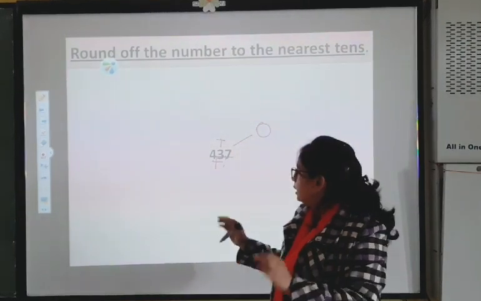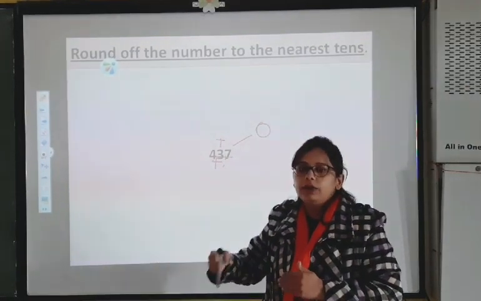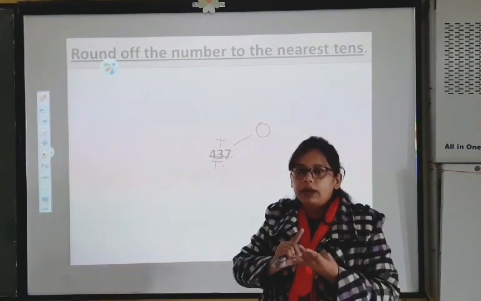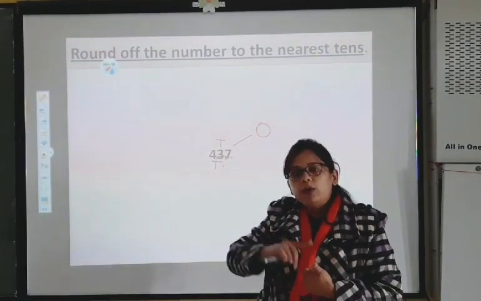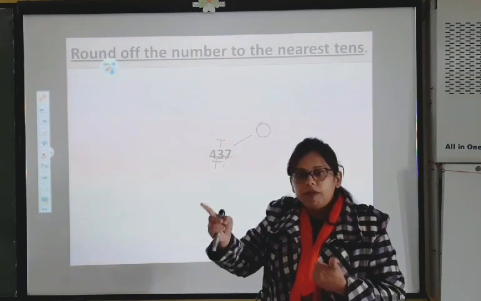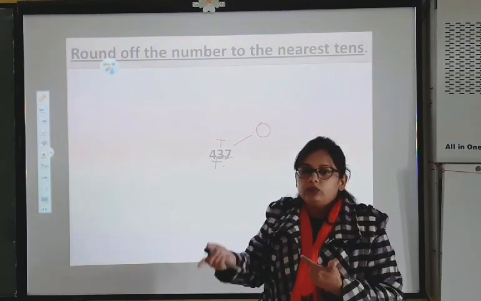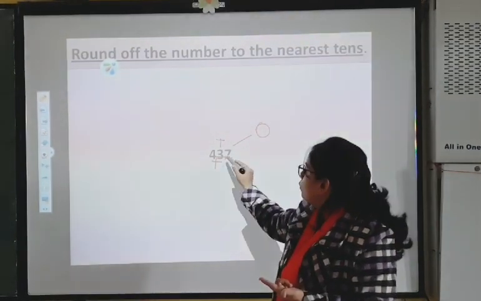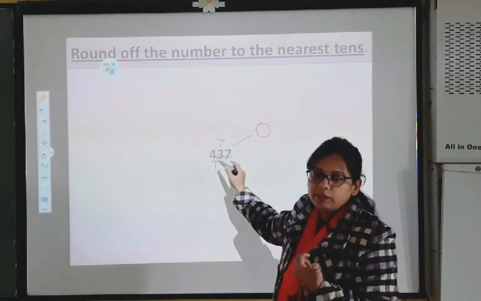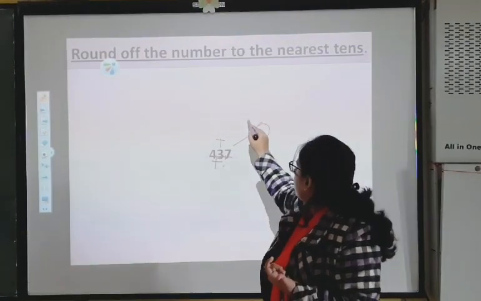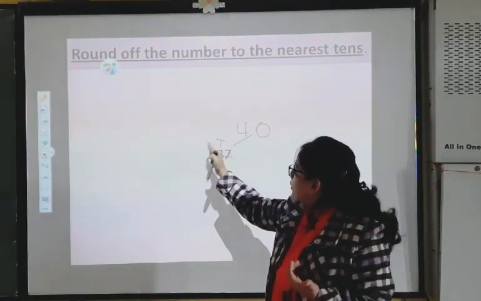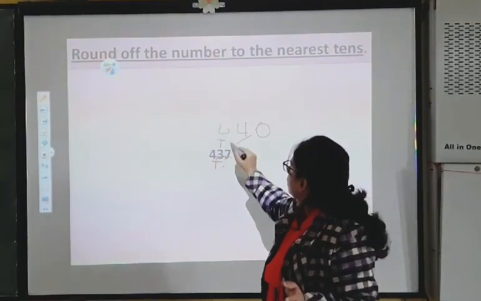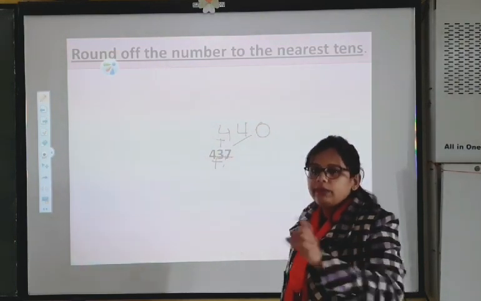Again I am telling you कि जब आप राउंड अप कर रहे हैं, और यू कैन से जब डिजिट वंस प्लेस पे डिजिट 5, 6, 7 और 8 या 9 हो, तो आपको राउंड अप करना है. बट बिफोर राउंडिंग अप आपको टेंस प्लेस पे 1 ऐड करना है. सो यू हैव टू ऐड 1 इन 3. टेंस प्लेस पे 3 है, सो 3 + 1 इज़ 4. And the digit on the left side of tens place will remain same, that is 4. So the answer will be 440.